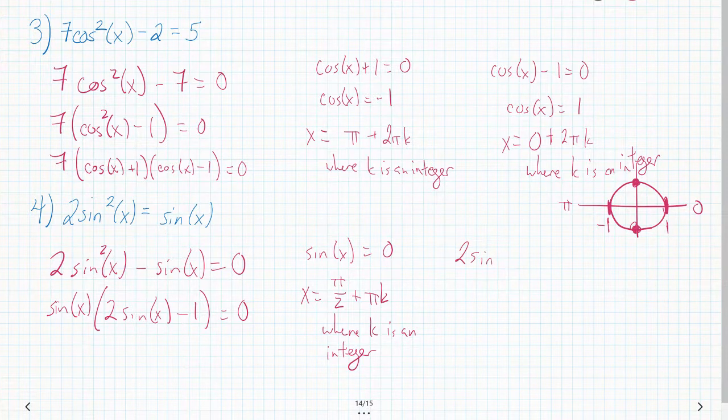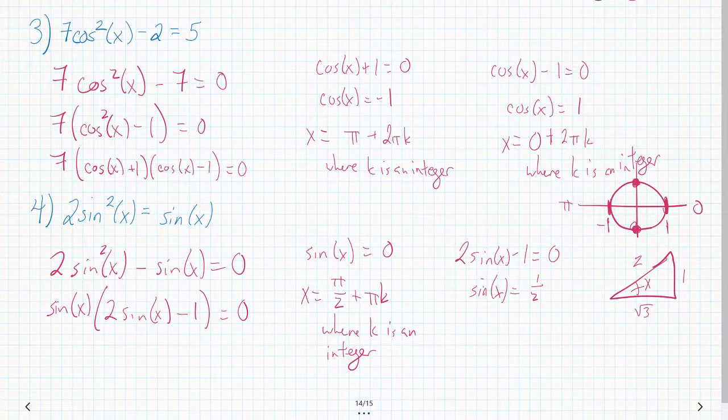In our other scenario, 2 sine of x minus 1 equals 0. That means sine of x equals 1/2 when you solve that. So where would that occur? Well, notice we're looking for a triangle that has a 1. We have x sitting right here. And we have a 1, and then we have a 2, and then we have a square root of 3.